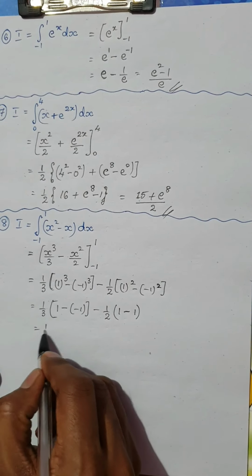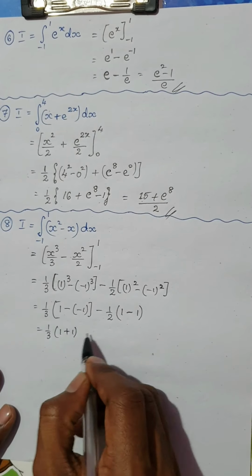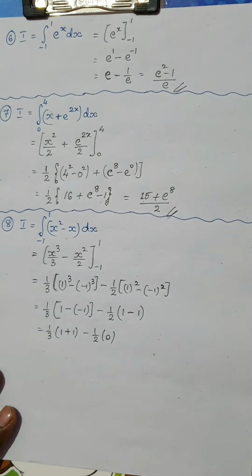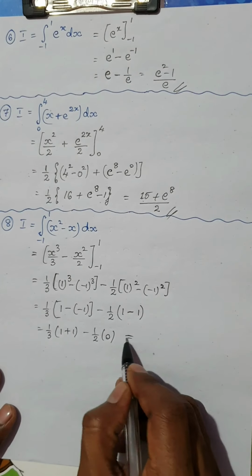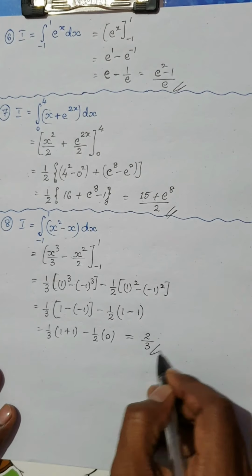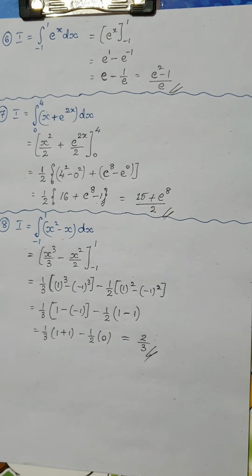So this becomes 1 by 3 into 1 minus of minus is 1 plus 1, minus half into 1 minus 1 is 0. What is 1 plus 1? 1 plus 1 would be 2. So the final answer would be 2 divided by 3, right?